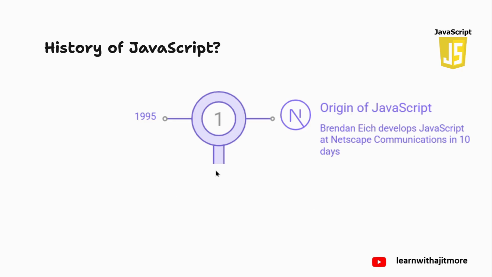Then there was some need of standardization. ये जावास्क्रिप्ट के लिए ना कुछ स्टैंडर्डाइजेशन की जरूरत थी. क्यों? बिकॉज these JavaScript were interpreted in what? Browser only.